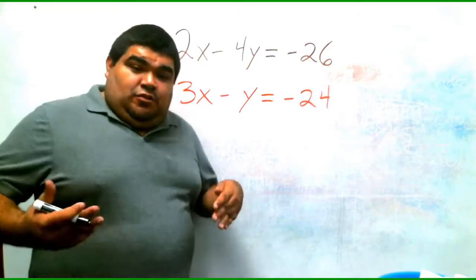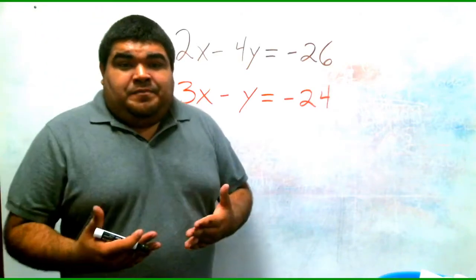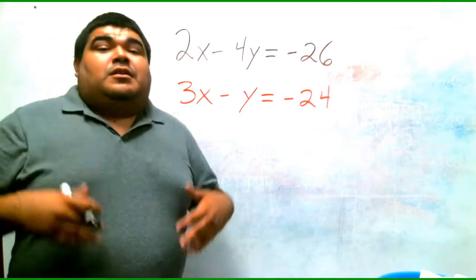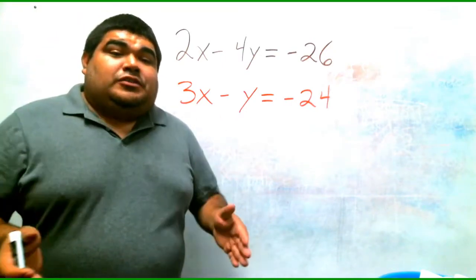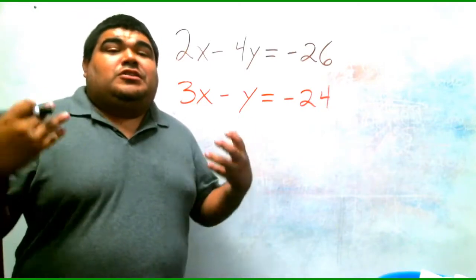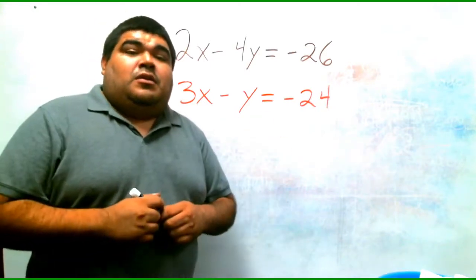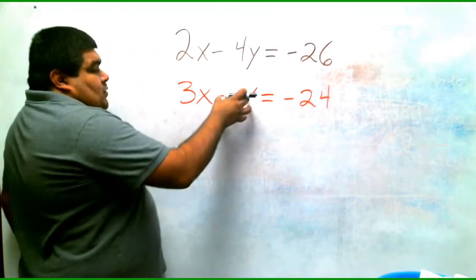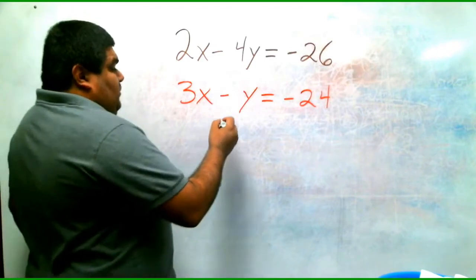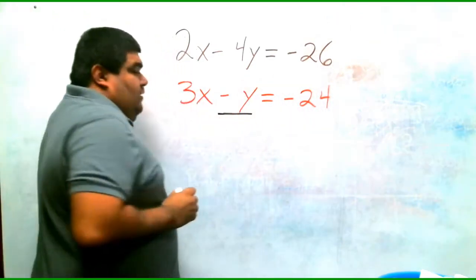I always like to look for a variable that has no number in front, which is a 1, because that makes it a lot easier to manipulate and change the number. Notice that we have no number here on the y, so that's what we're going to focus on.